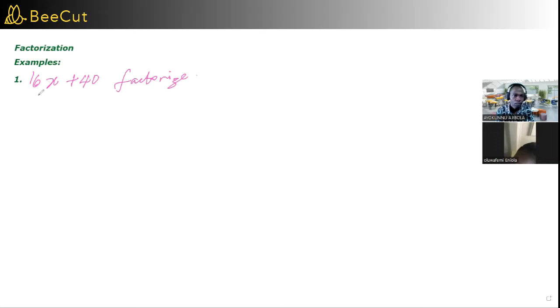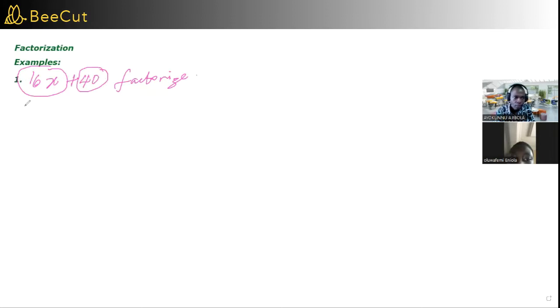You're going to look at the two terms. The first is 16x and the second is 40. Is there anything that is common to them? It must be the biggest that can come. So 8 is the biggest number that can divide 16, that can as well divide 40. But 40 doesn't have x, so x is not common. So 8 is common to both of them.